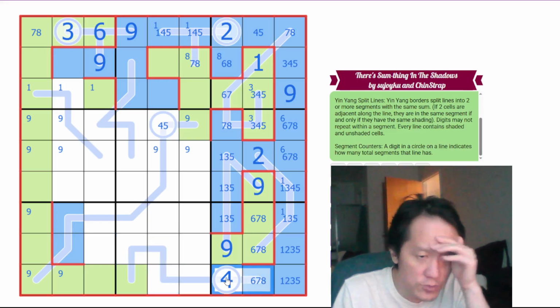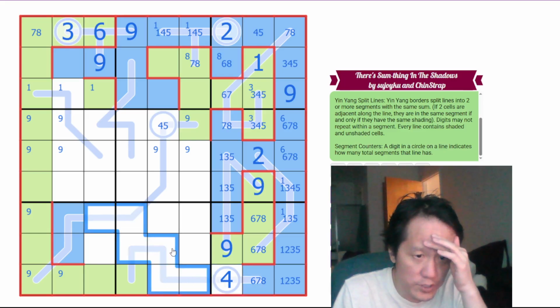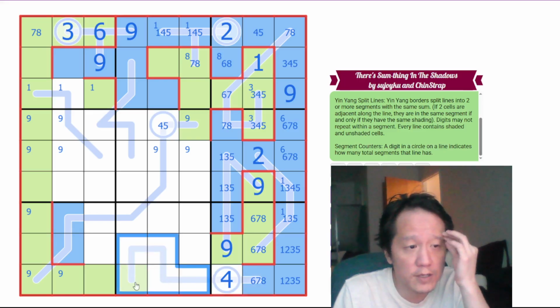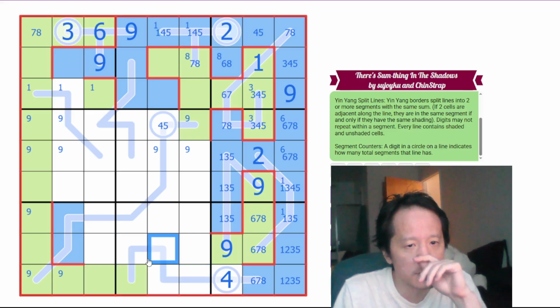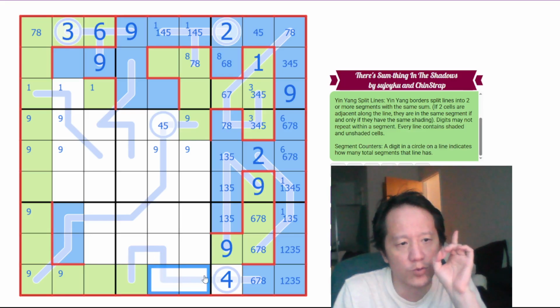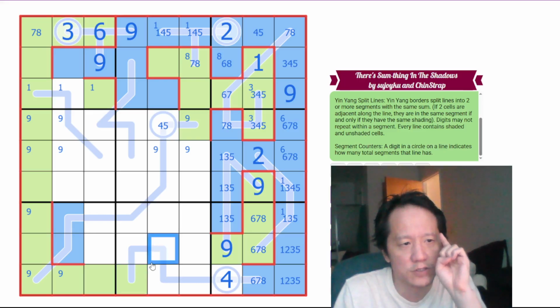If this is 2 digits here, in this 5-cell region, there would have to be 3 regions, which is possible, I guess. So this would be blue, green, green, green, green. That's the only way that would work. You cannot have one region that has 1 digit, 1 cell, and another region that has 1 cell. So it'd be 2, 2, and 1.